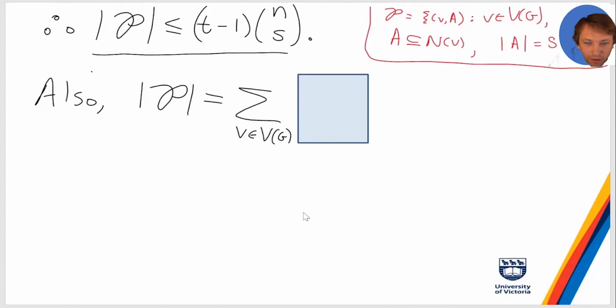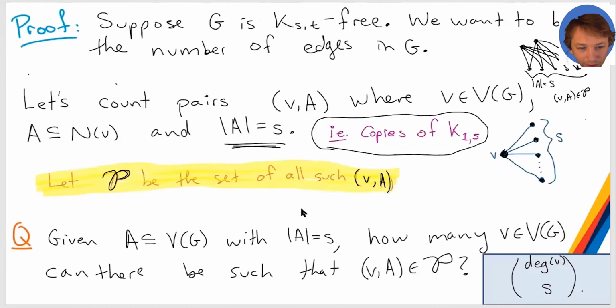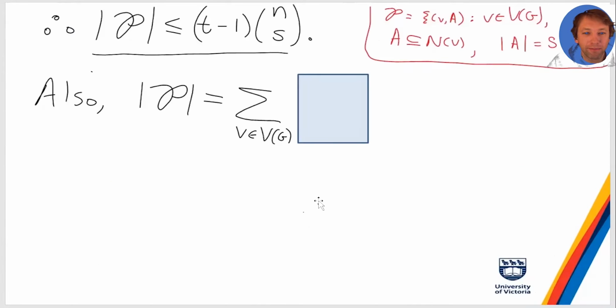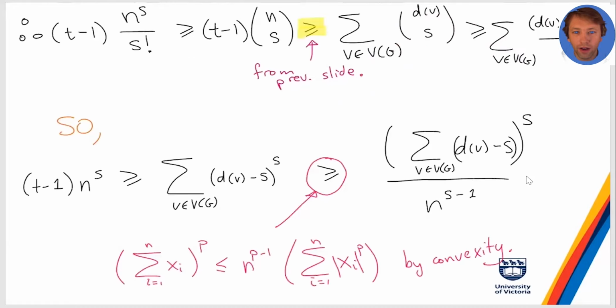I think I asked these questions kind of backwards from what I planned. But anyway, the size of P is equal to this, by what we said on the previous slide, but it's at most this, because every set can only have T minus 1 vertices that form a K_{1,S} with it.